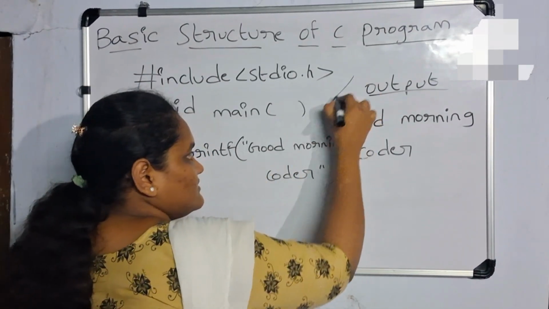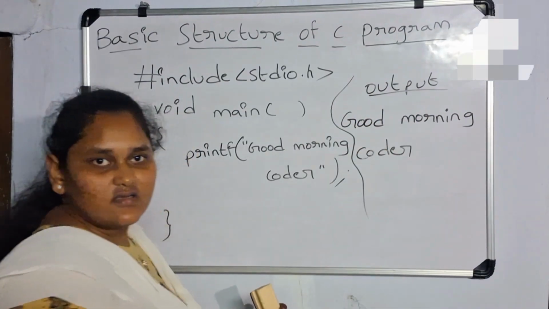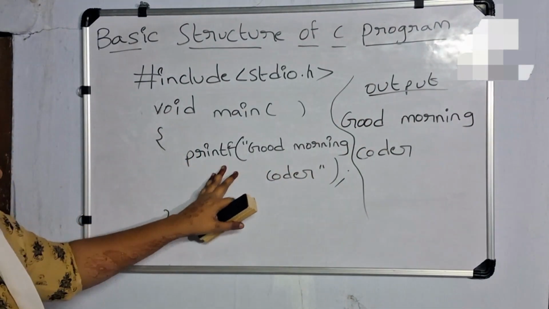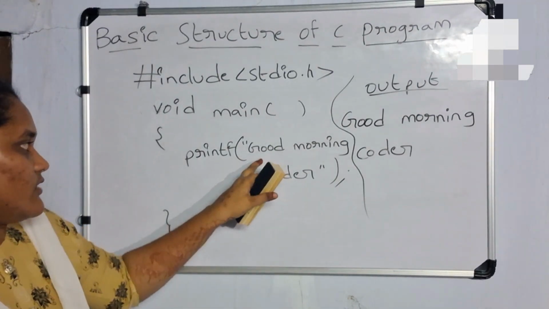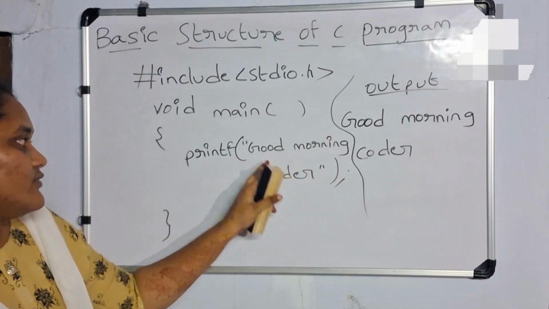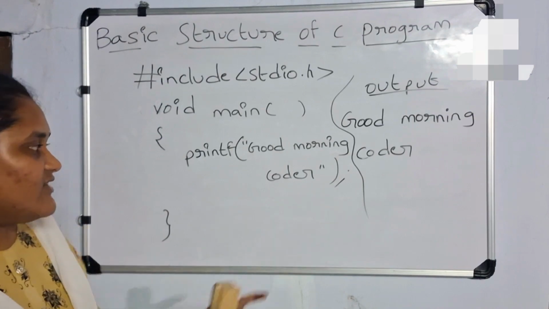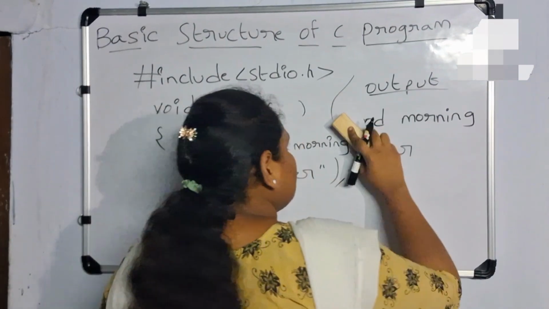I hope you can see and understand this. As there is no place, I am writing it here. So if we write the code like this, good morning coder, it will give output something like this.